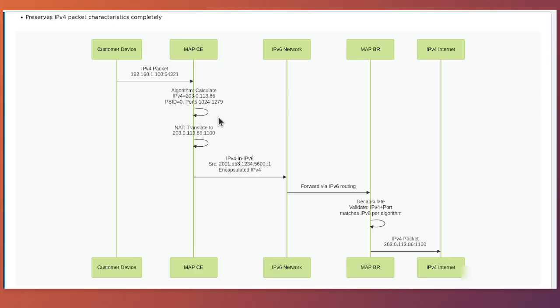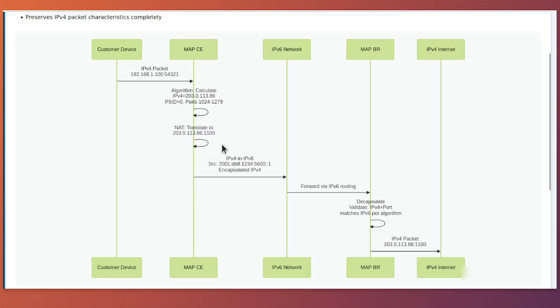Using these parameters and its assigned IPv6 prefix, the CE calculates its IPv4 address and PSID. It then configures itself to perform port-restricted NAT, translating private IPv4 addresses from the customer LAN to the derived public IPv4 address using only ports from its calculated port set.